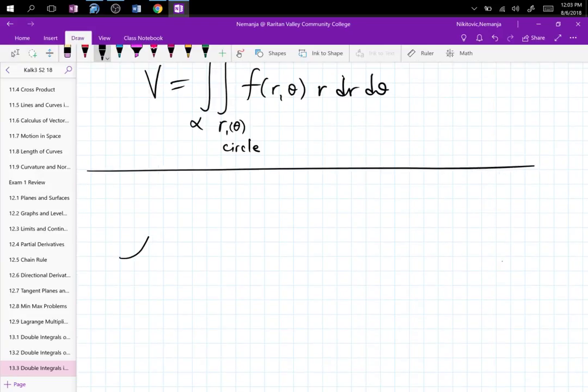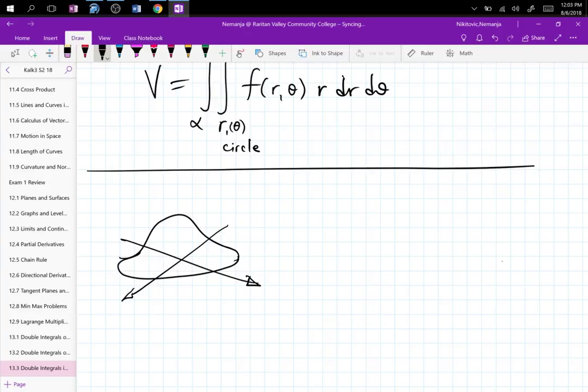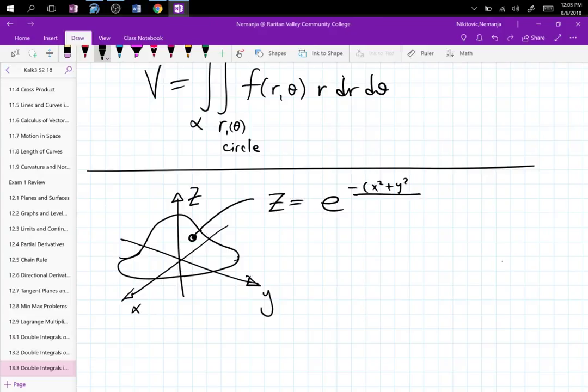All right, so we have some kind of a shape over here, which lives in the xy plane, and this shape has the equation z equals e to the negative (x squared plus y squared) over 8 minus e to the negative 2.